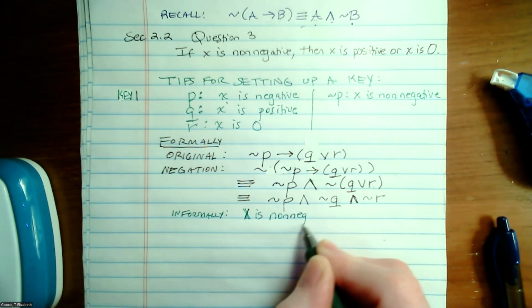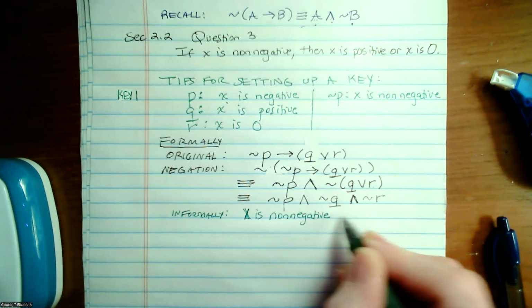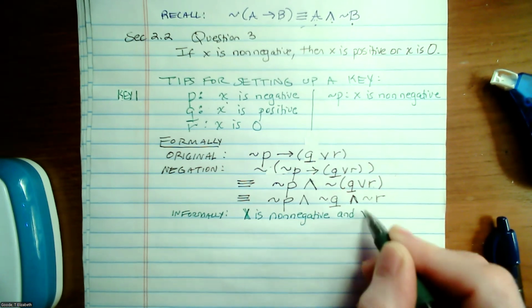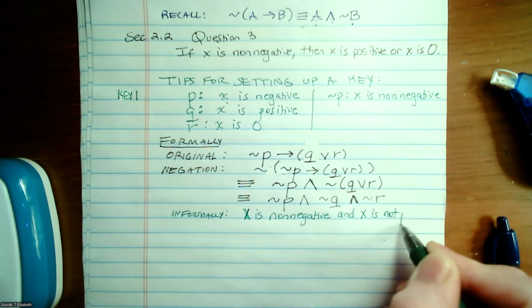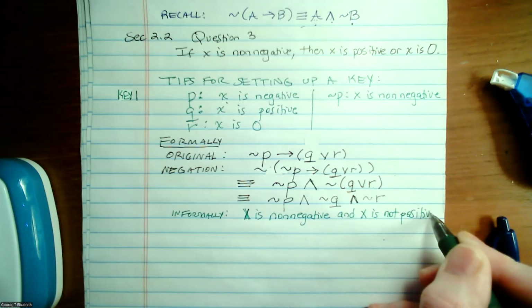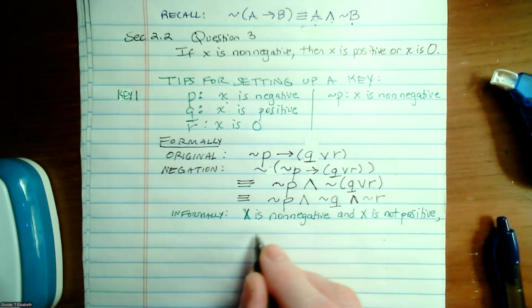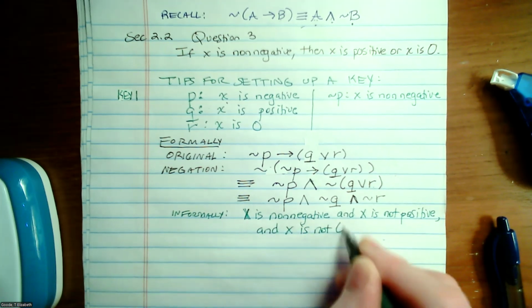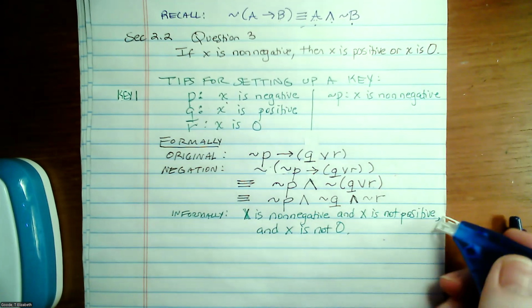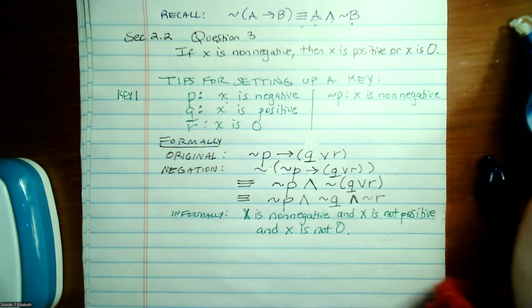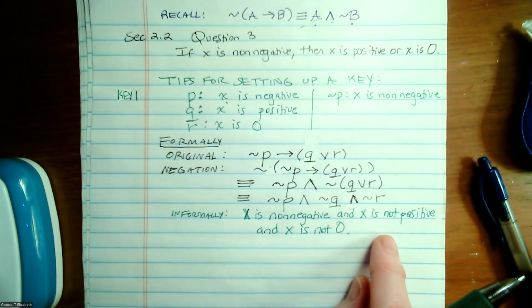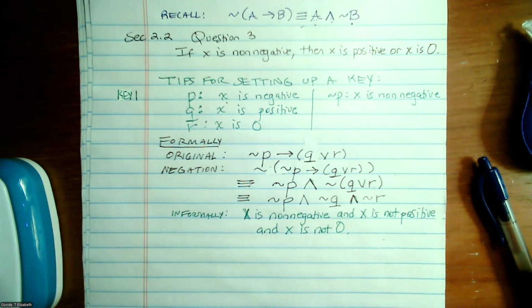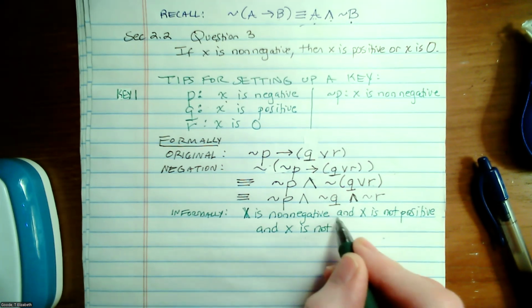But we can go through it again with the other key in a minute, and you'll see. And X is not positive. We don't usually say non-positive, but you could. And X is not zero. And I don't need a comma here. It's not wrong, but we don't need one because it's all ands. It's not like there's ands and ors in there. We just have ands, so we don't need any commas.